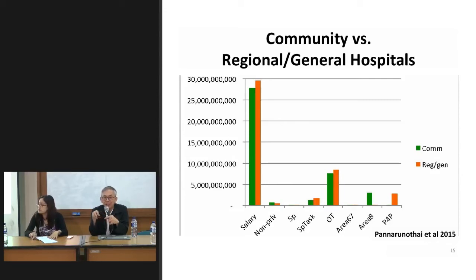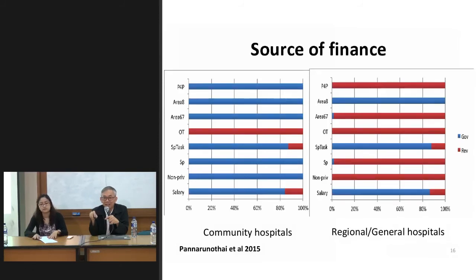And if we see the source of finance, roughly here, when we compare the source of finance between the community hospital and the regional hospital, we see different pictures of the hospital revenue, which is in red. You can see that lots of red, totally red, in the OT, both in community hospital and in provincial hospital, because the overtime payment is paid from the hospital revenue. And what else is paid by the hospital revenue?